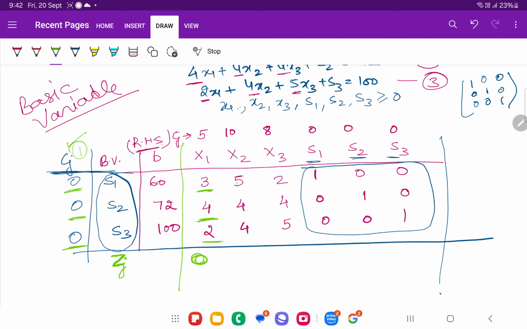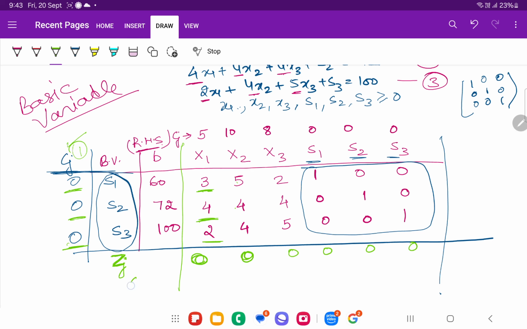Then 0 into 5 plus 0 into 4 plus 0 into 4, it is again 0. Everything is coming out to be 0 because I am multiplying it by 0 itself.